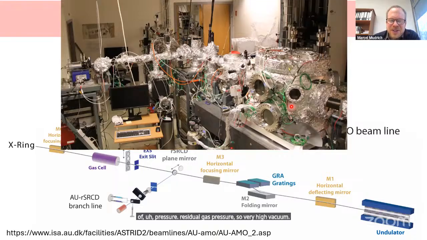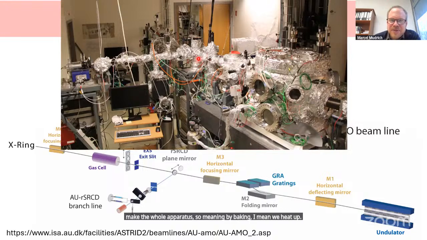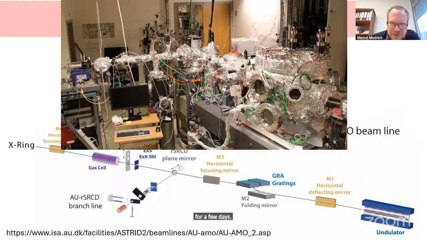And to reach very high vacuum, the only way is to bake the whole apparatus. By baking, I mean we heat up all the pipes, all this vacuum tubing to something like 200 degrees for a few days. This is, of course, with no X-rays going through. This is just for preparation.